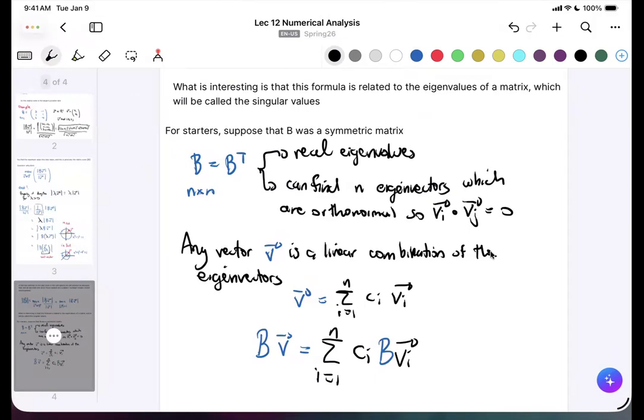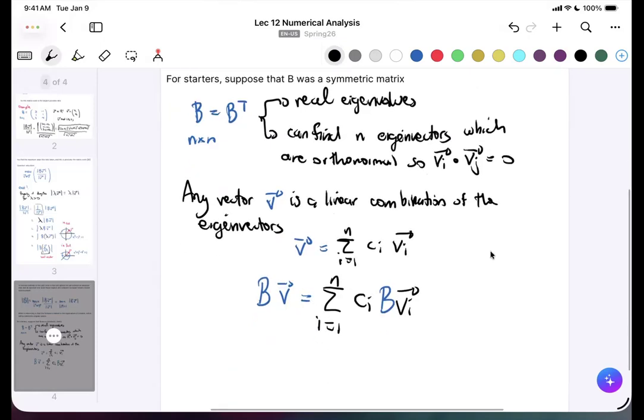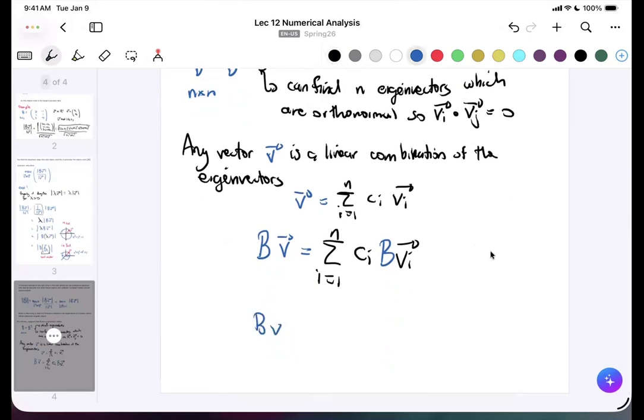But what is the matrix B on a particular eigenvector? That's lambda i times vi, because that's the definition of an eigenvector: a vector for which B times the vector gives you lambda i times that vector. So these would give you the following. Is that making sense?